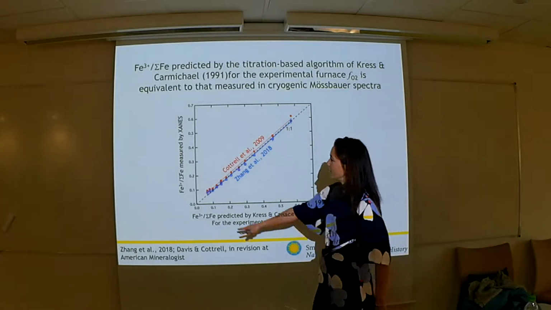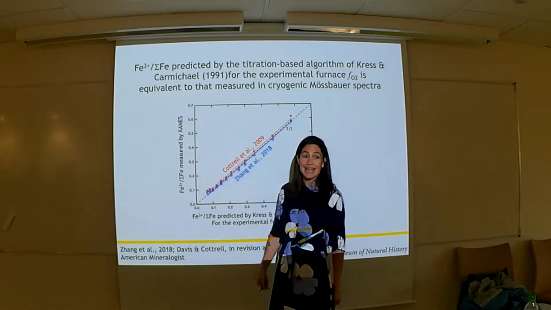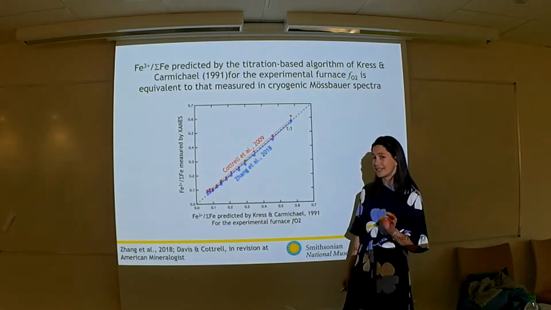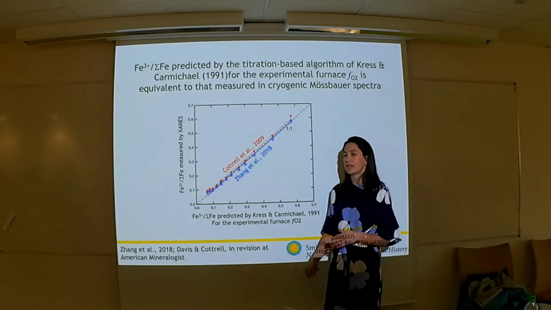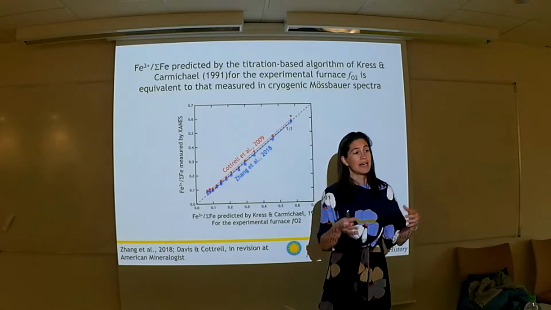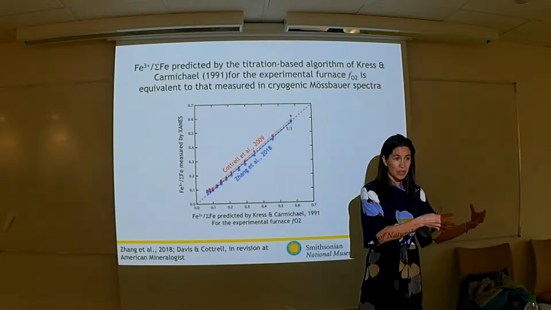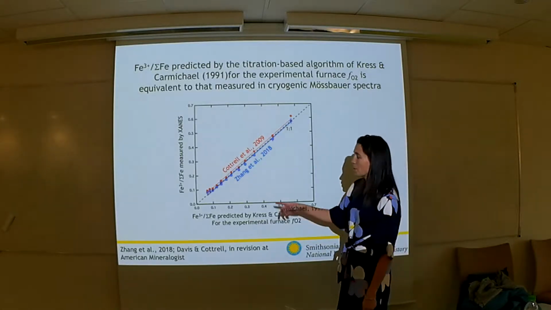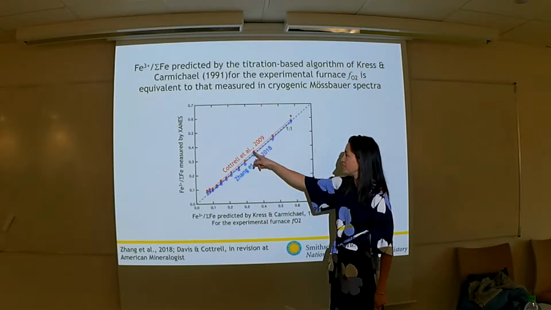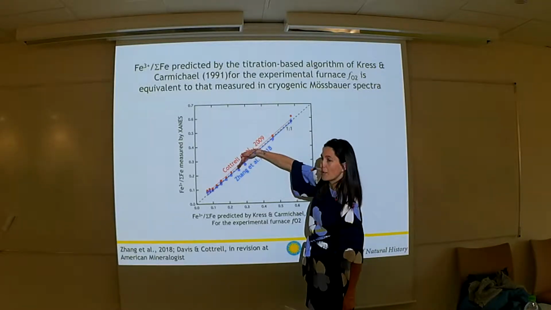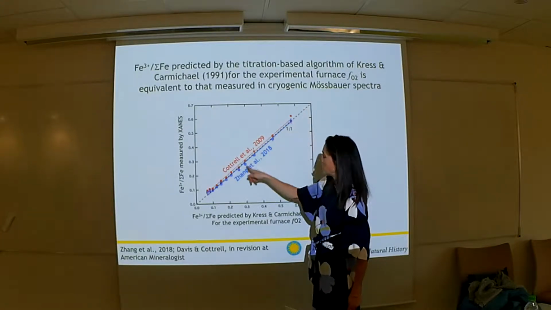If we look at the 3+ total we measure with XANES and compare that to the 3+ total we predict using Kress and Carmichael's relationship between the oxygen fugacity of the furnace and the 3+ total ratio of the glass as a function of composition, we always knew that the room temperature Mossbauer measurements fell slightly above the 1-to-1 line.